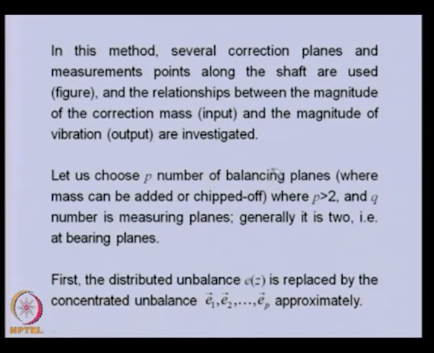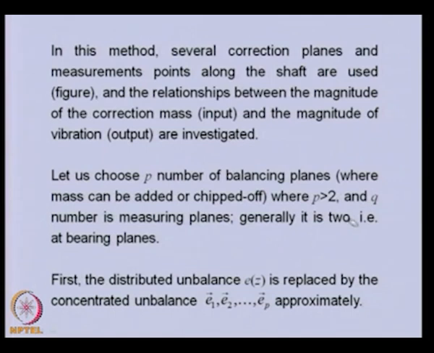And generally the number of balancing planes, when we are talking about the flexible mode, should be greater than 2, and generally we will be having access to the rotor at the ends, from where we can remove the material or add the material in the form of correction mass to balance the rotor. And the number of measuring planes, because of practical limitation, is also generally at the bearing location.